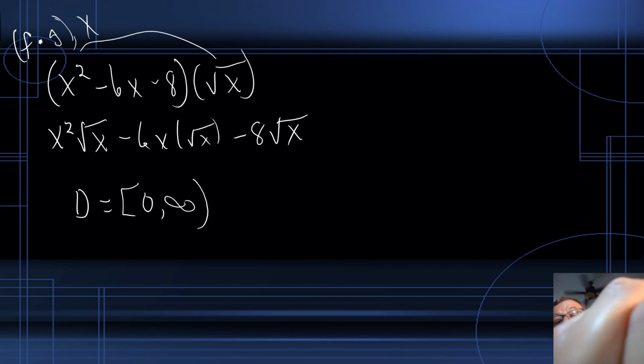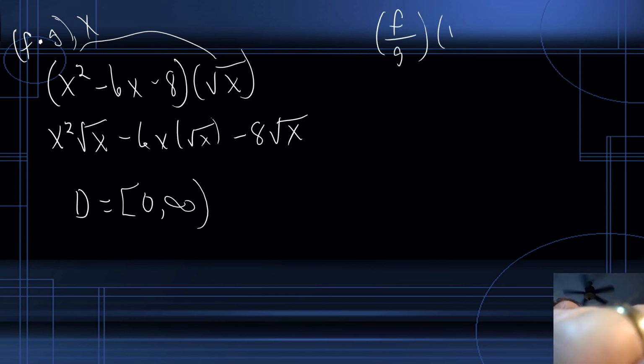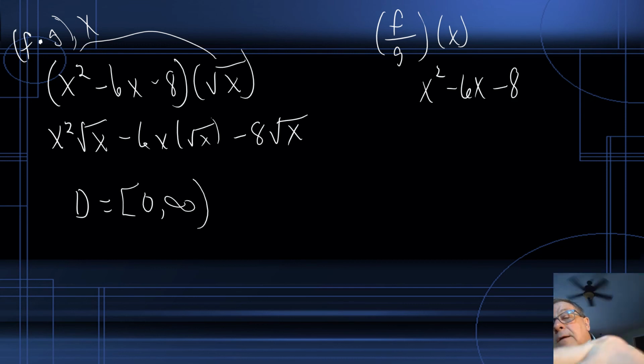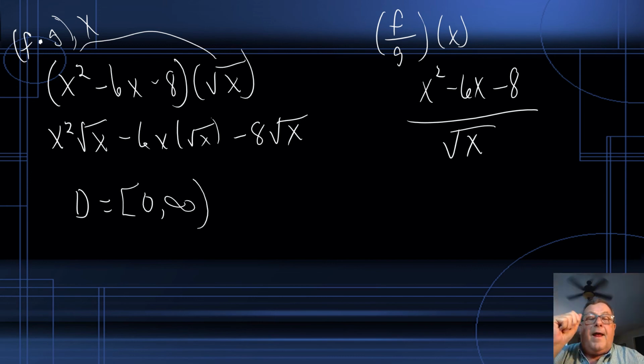Last up, f of x divided by g of x. All right, well, f of x is x squared minus 6x minus 8. Now we're dividing it by the square root of x. And now I have thrown in something else that would create a domain restriction. We already know that in taking the square root of something, I can't have a negative number. So it's got to be a positive number. But what about 0?